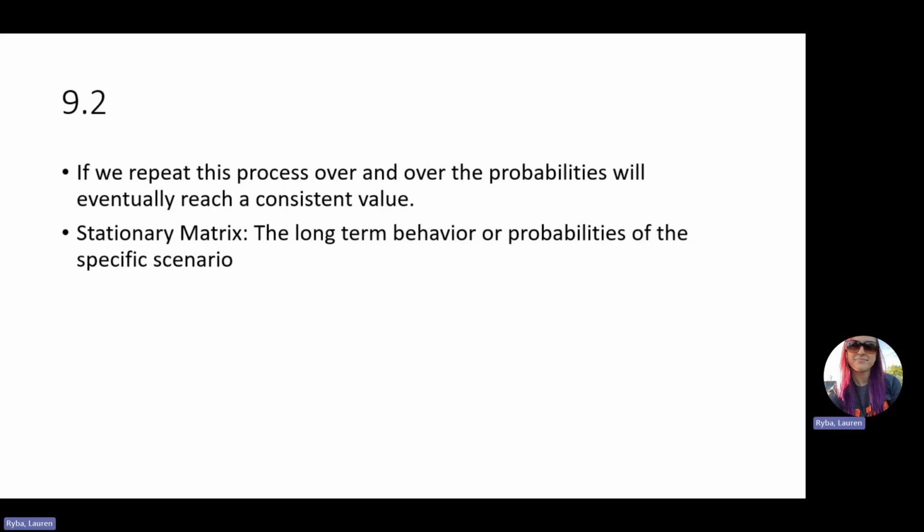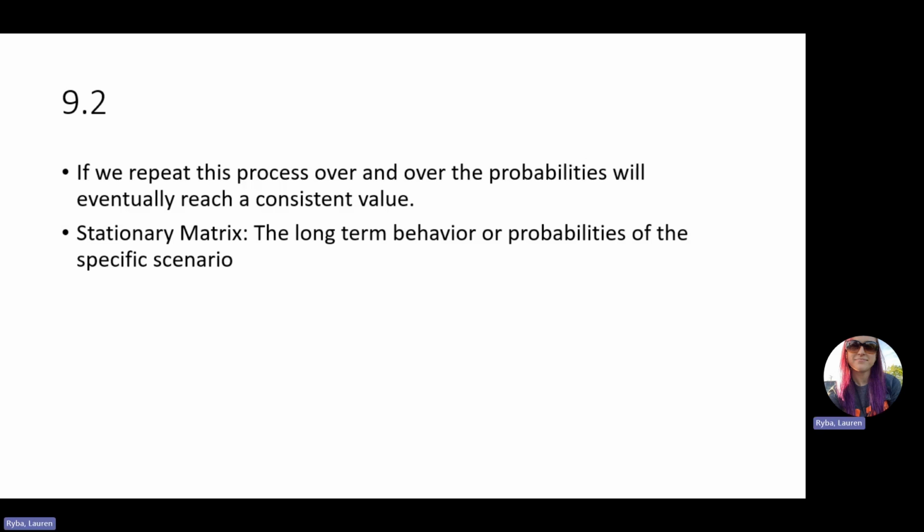We're going to continue the process from last class. What happens is if we continue to cycle through the transition matrix, eventually our probabilities reach a consistent value. So our state matrix stops changing.